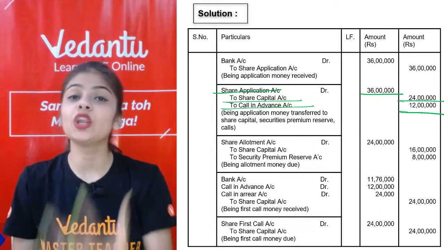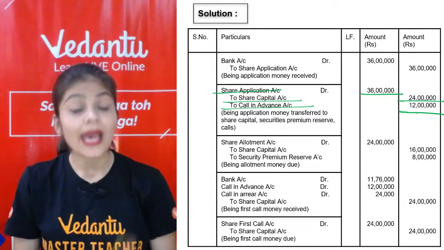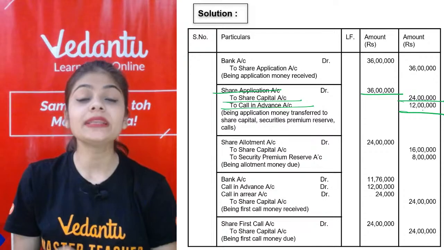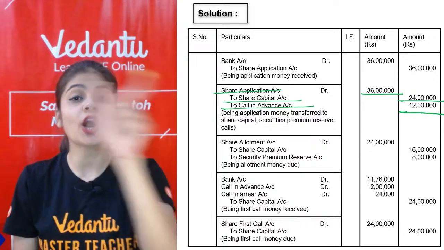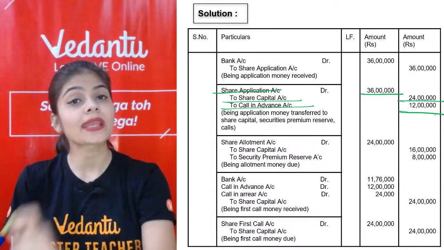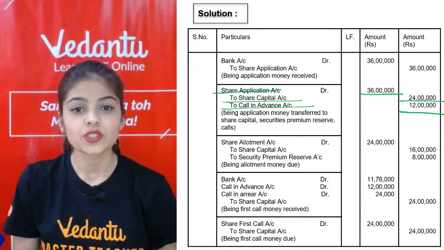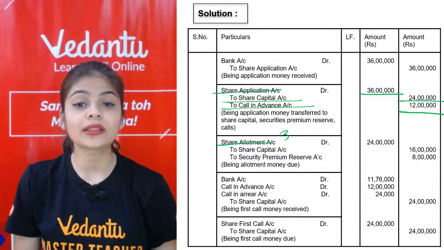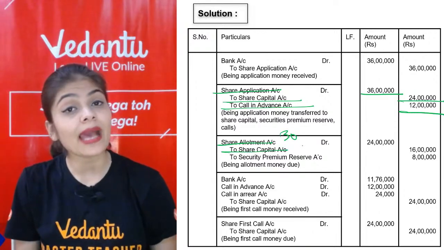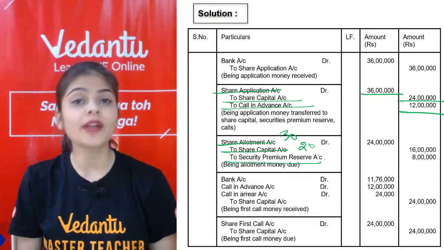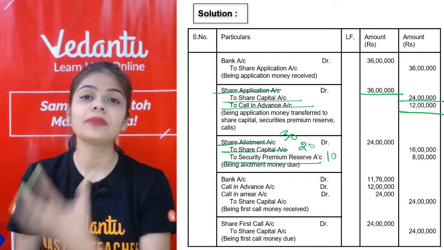After that, allotment will become due, and there is premium at the time of allotment. So the third entry will be share allotment debit to share capital to securities premium reserve. Share allotment debit total 30 rupees, to share capital face value 20 rupees, to securities premium reserve premium 10 rupees.